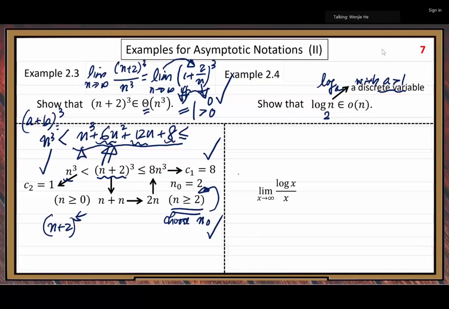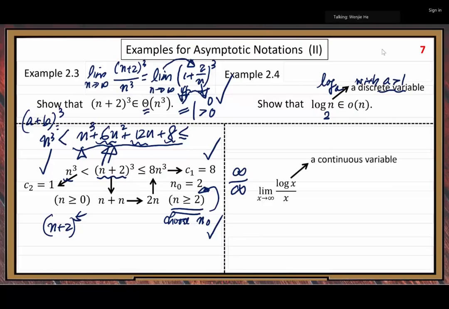The condition is infinity over infinity indeterminate form. So we are safe. Otherwise, you may do it in some wrong way, right? If you forget to check the condition, you may do it in the wrong way. All right, so let's apply L'Hopital's rule.